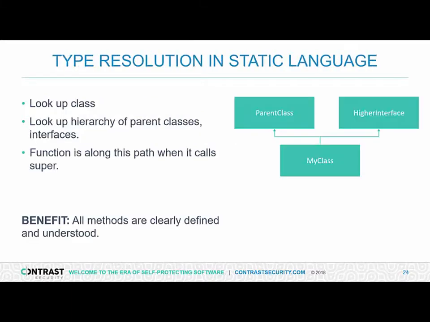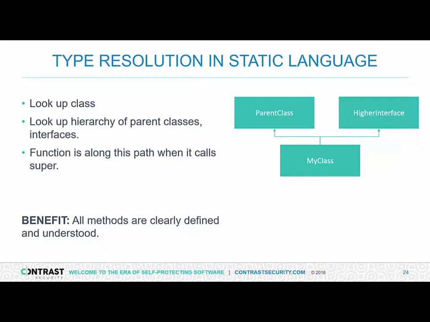So if we look at how this type resolution works in terms of static languages, it ultimately works in the same way. We look up a class, we look up whether my class extends another one, which might be its parent, and it implements a variety of interfaces. The way that Java applications are coded, for example, you can extend one class, but you can implement many others.